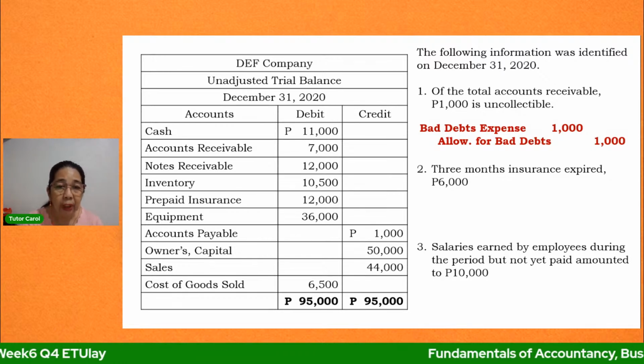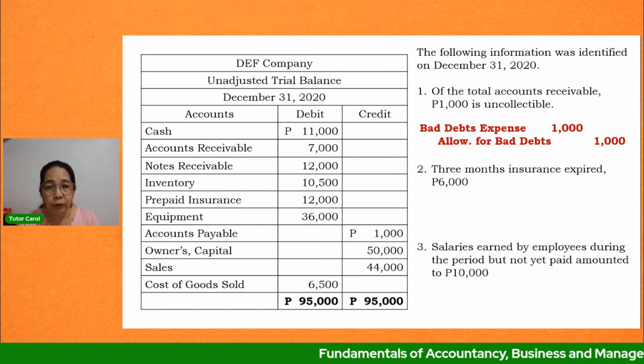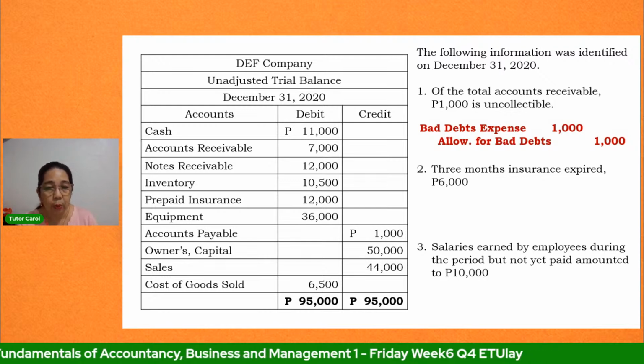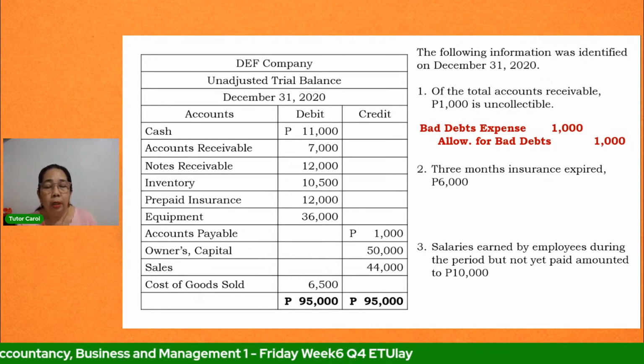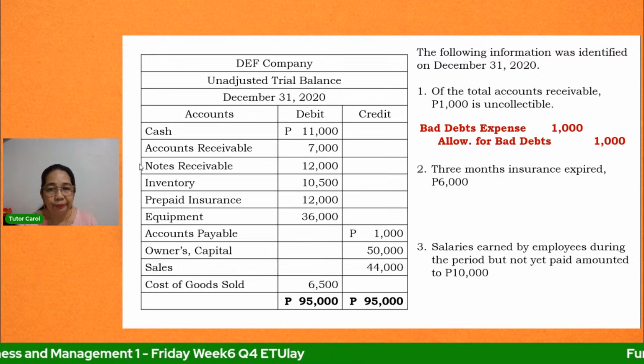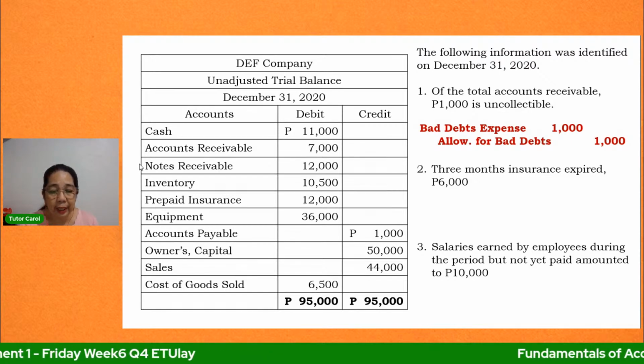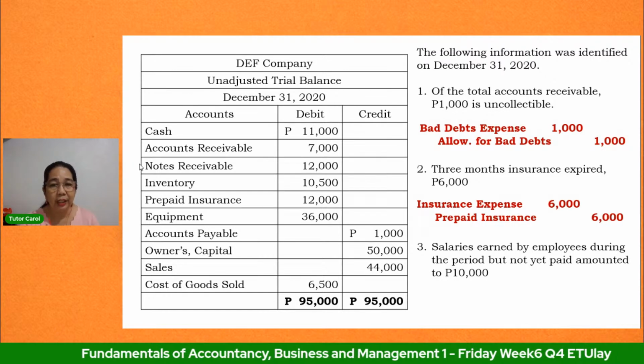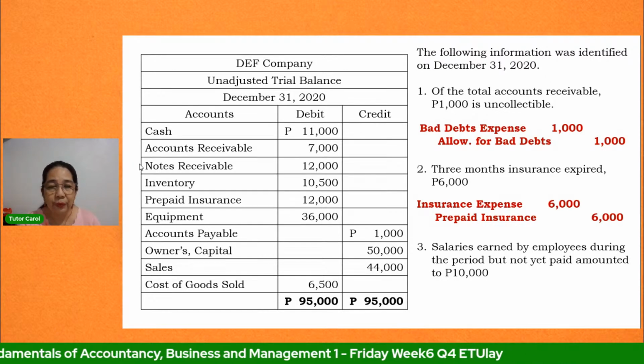Merong prepaid insurance. So, anong method ang ginamit niya? Gumamit siya ng asset method. So, what will be your adjusting entry? That is debit insurance expense, 6,000, and credit prepaid insurance, 6,000 pesos.